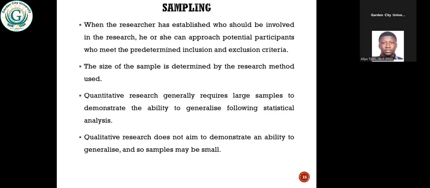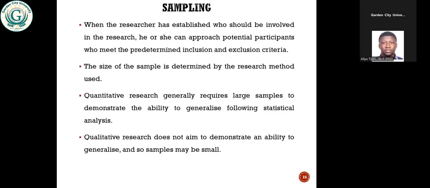So in sampling, we said there are two main forms of sampling. In research, when we talk about sampling, it is the process of selecting a small group of people, items, or observations from a larger population, so you can study them and draw conclusions about the whole group.